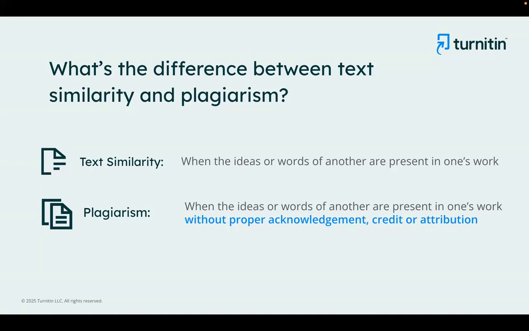However, plagiarism is when the ideas or words of another are present in one's work without proper acknowledgement, credit, or attribution. So plagiarism occurs when there are similar texts in the paper, but these texts are not properly acknowledged or credit to the source is missing. That leads to plagiarism.